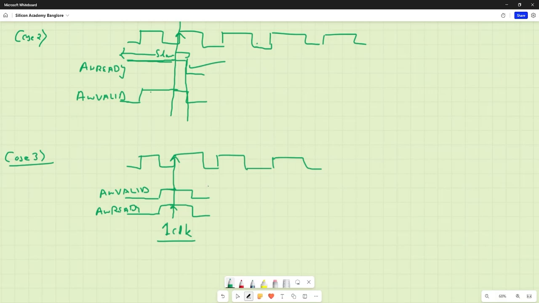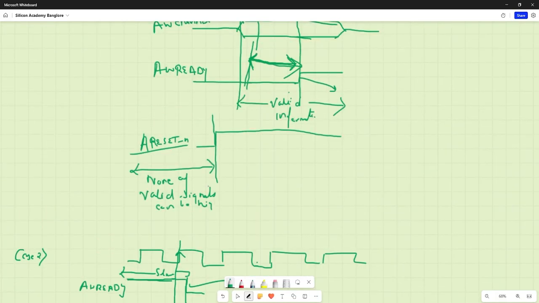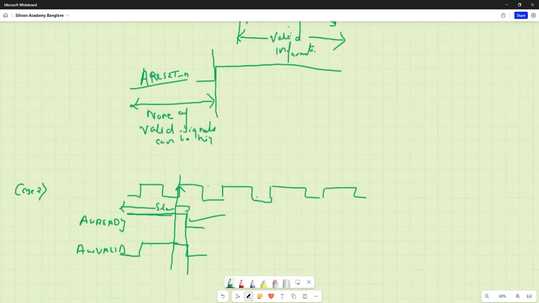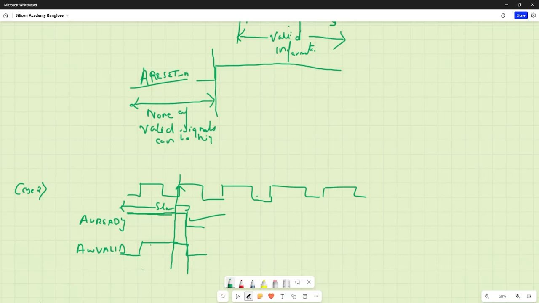Now, a few more points to consider: when the W valid or an AW valid is asserted, the master or the sender, whosoever is sending the information with the help of the valid, should not change this information until the ready gets asserted.